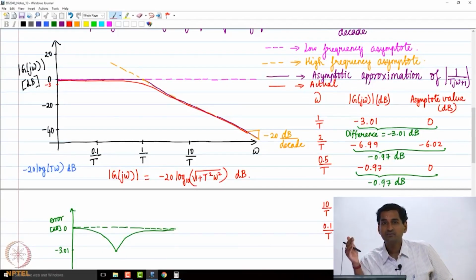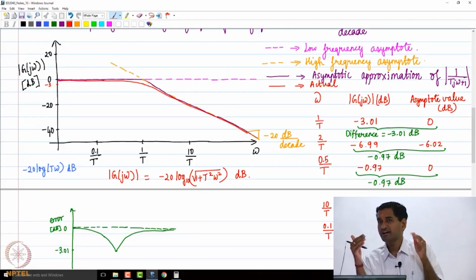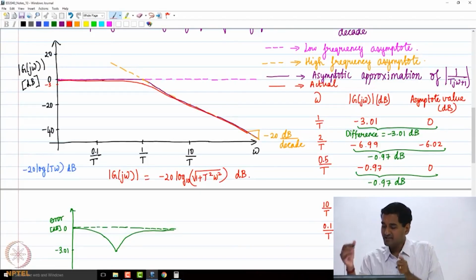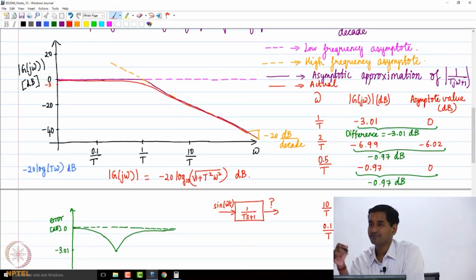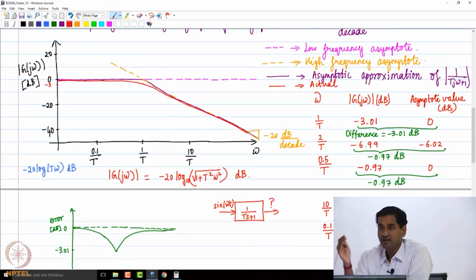Because what it does: consider this 1 by Ts plus 1 as a block, and you provide sinusoidal inputs, sin omega t or cos omega t, and then ask yourself the question, what am I going to get as the output.